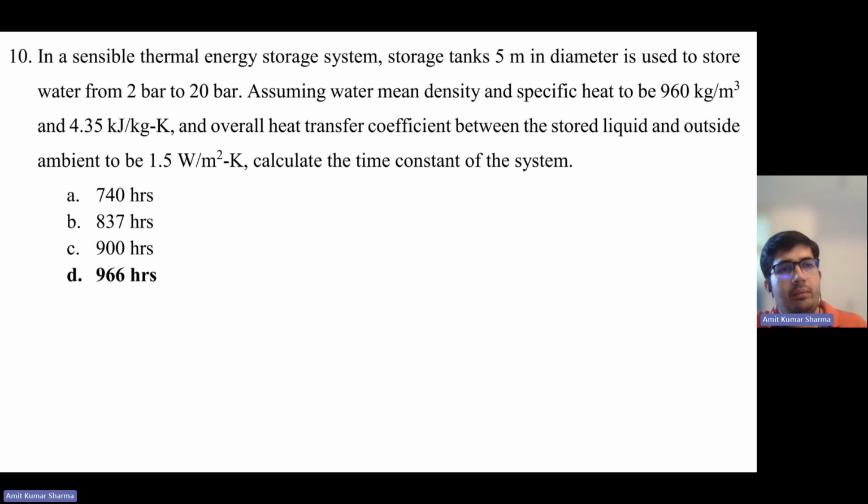Question number 10. In a sensible thermal energy storage system, a storage tank 5 meter in diameter is used to store water from 2 bar to 20 bar.